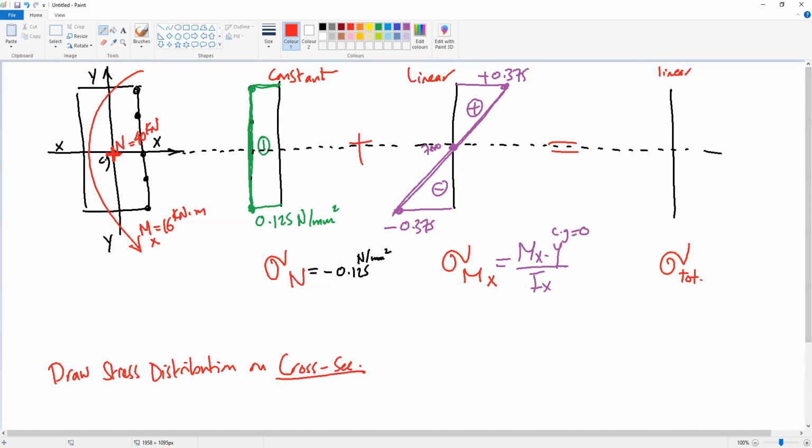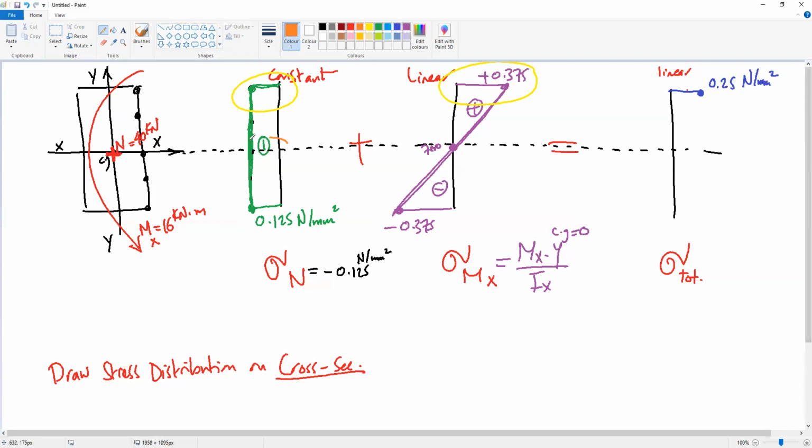So if we want the combination at the top point, here is negative 0.125, here is plus 0.375. So the resultant will be 0.25 Newton per millimeter square.